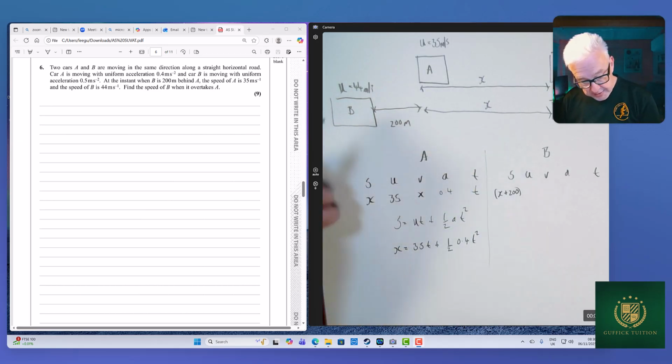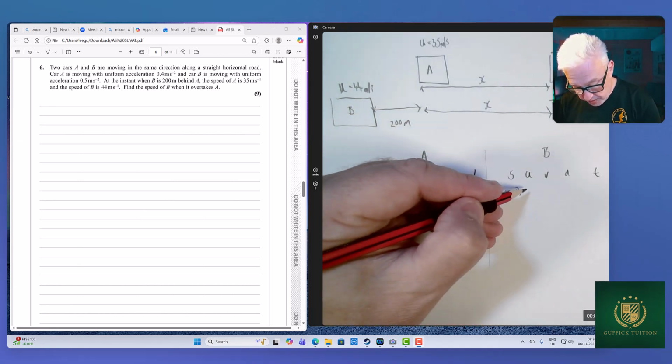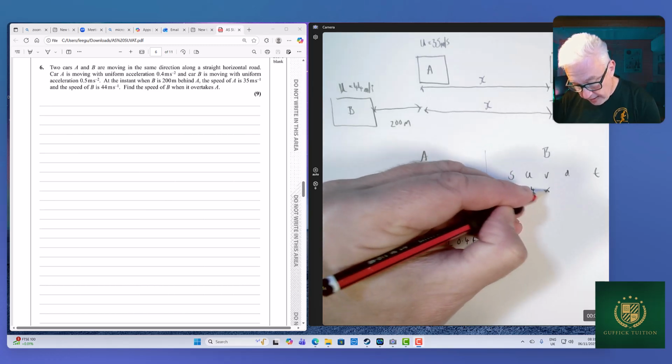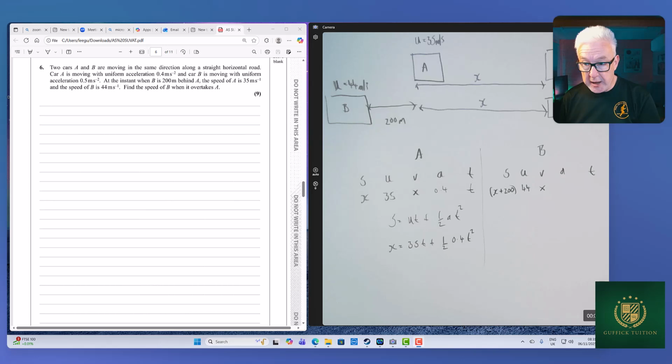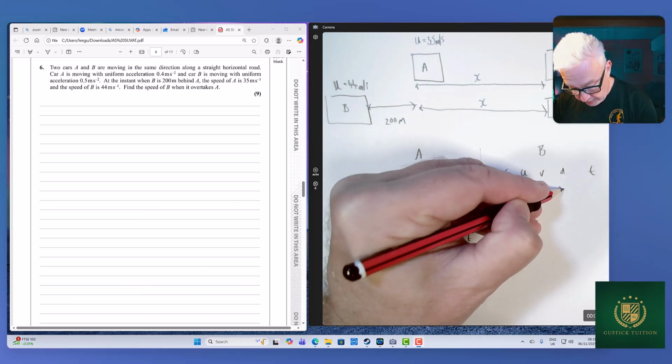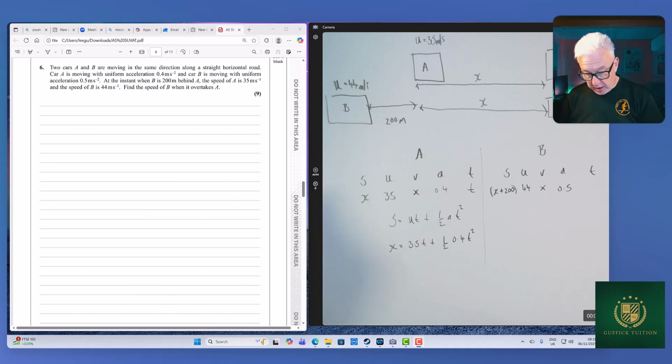Its initial speed for B was 44 meters per second. Again, we're not worried about how fast B was going when it overtook A. The acceleration for B was 0.5 meters per second squared. And the time at which it overtook was t, because they both overtake at the same value of time.